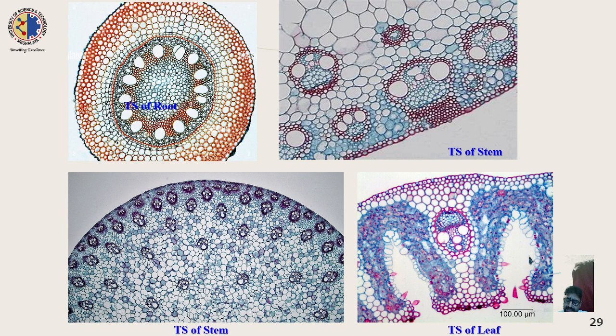But other than this, there is a type of cell called bulliform cells. What are these? These are bubble-shaped cells found in the epidermal layer of the leaves of the Poaceae family. These bulliform cells are specialized cells with a special function.